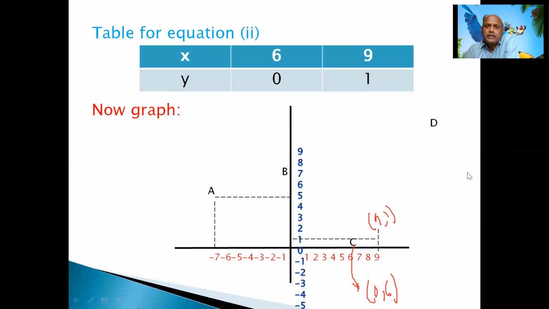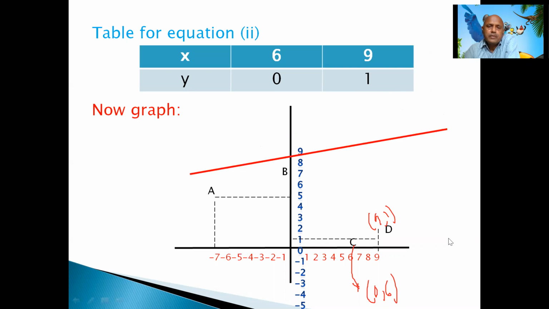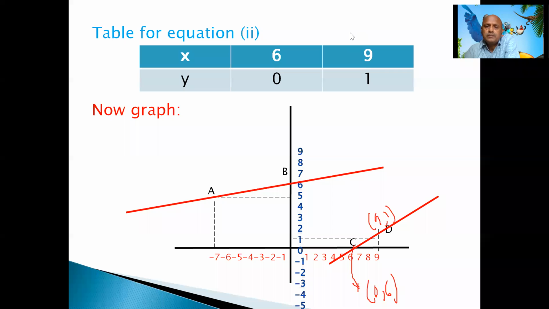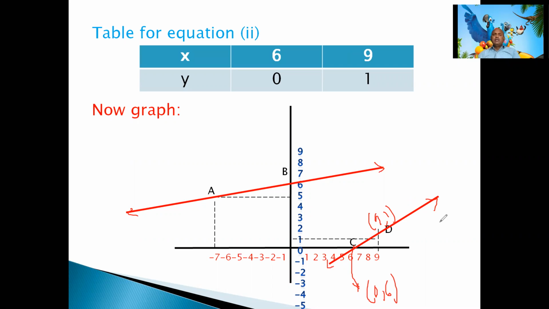See the point D. Now you join A and B, you will get AB straight line. Join C and D, you will get CD straight line. You can put the arrow on both sides. In this way you will get both the straight lines very easily.